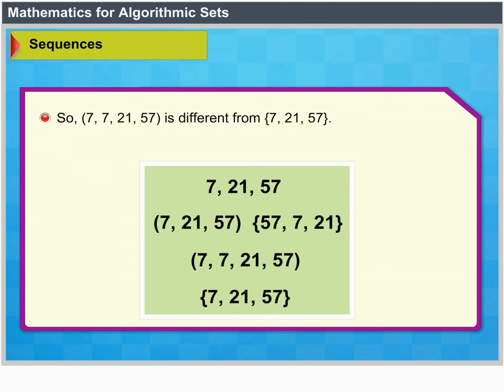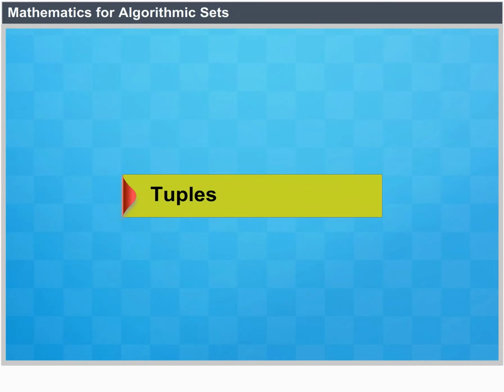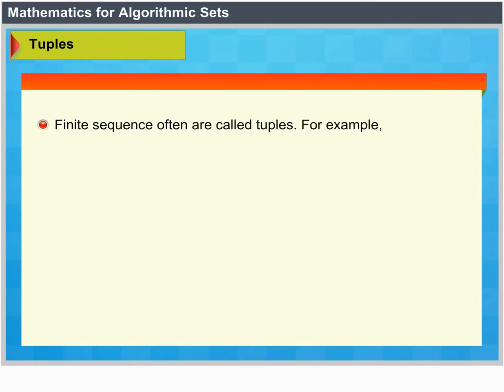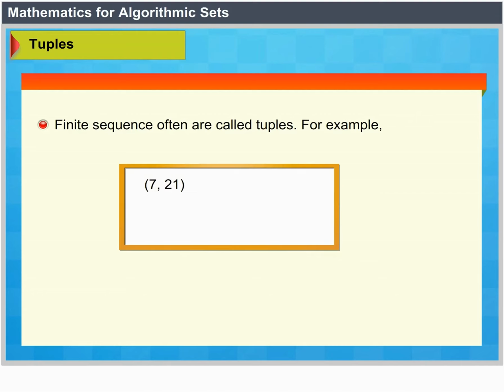Tuples. Finite sequences often are called tuples. For example, (7, 21) is called a 2-tuple or 2-pair. (7, 21, 57) is called a 3-tuple.